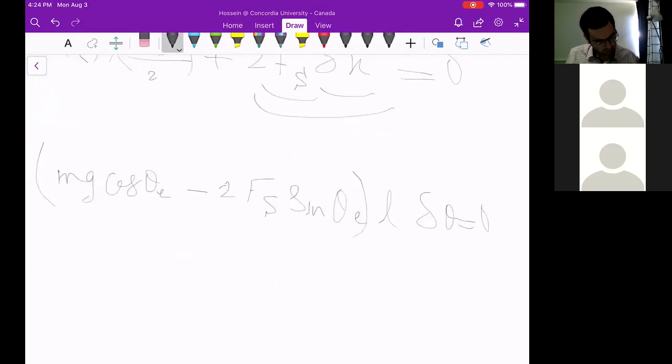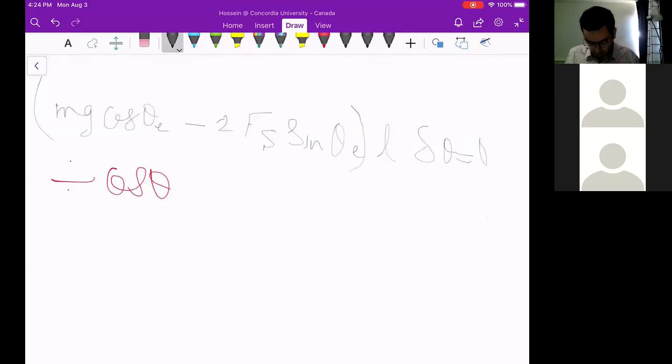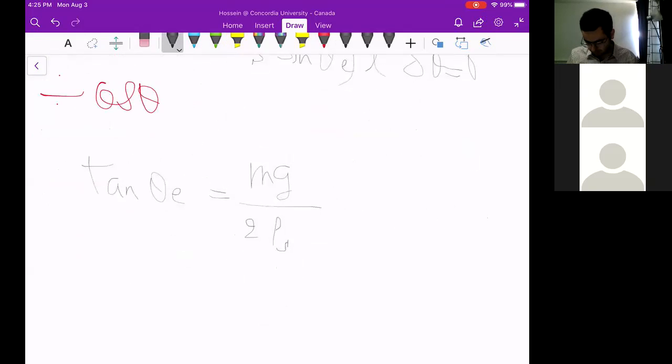If we divide the two sides of this equation by cosine theta, we reach this point: tangent of equilibrium theta is going to be mg over 2 spring force. And F_s, you are supposed to plug in like this.